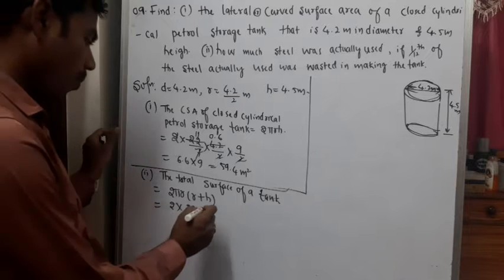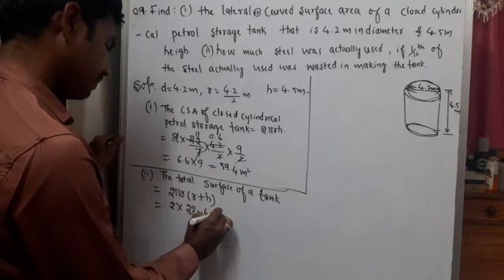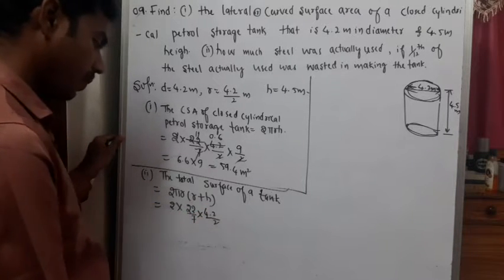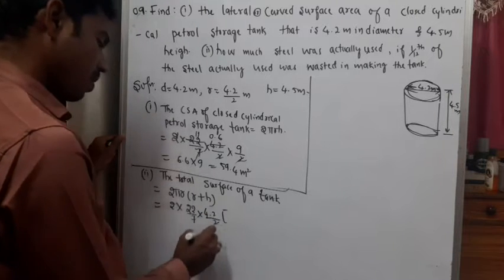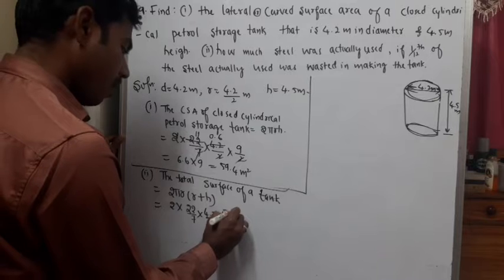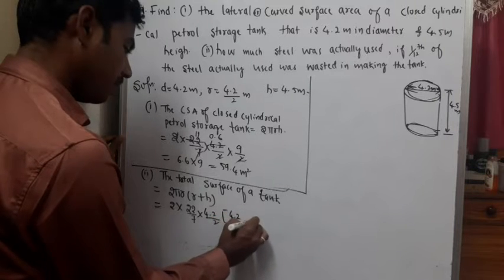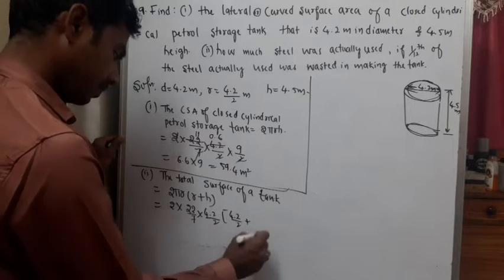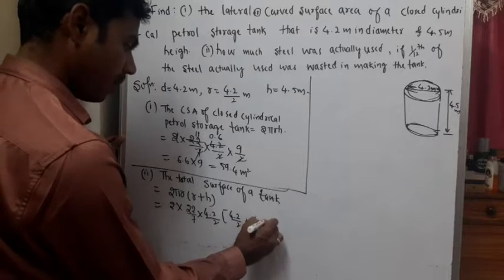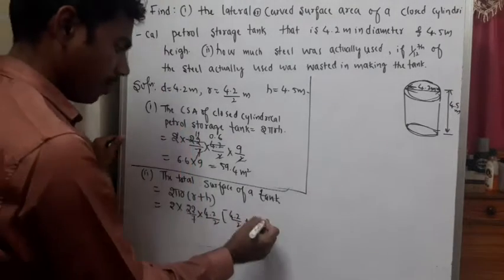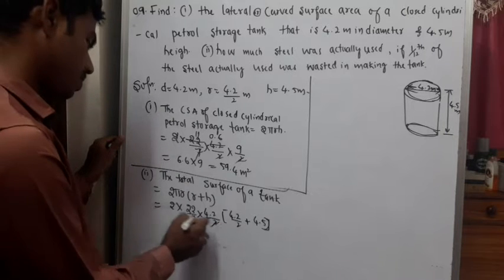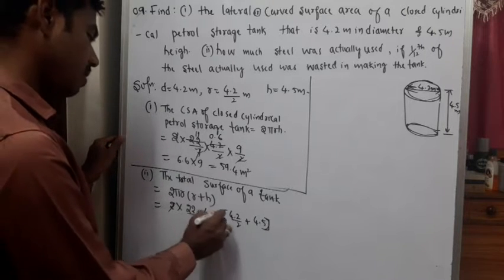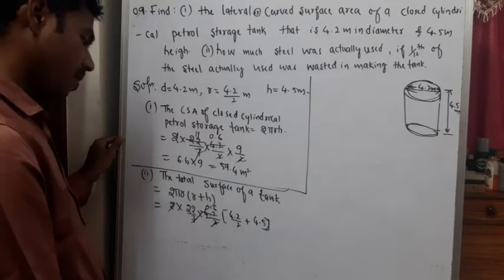R is nothing but 4.2 divided by 2, into, again 4.2 divided by 2 plus 4.5. Fine. Now these two will get cancelled. 7 ones are 7.